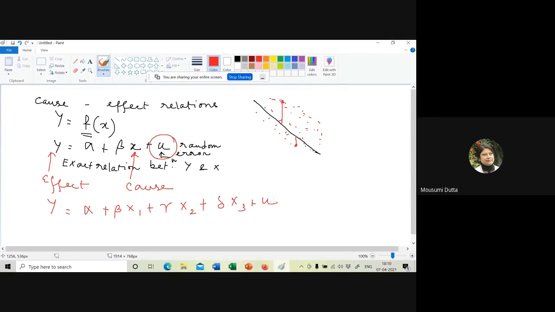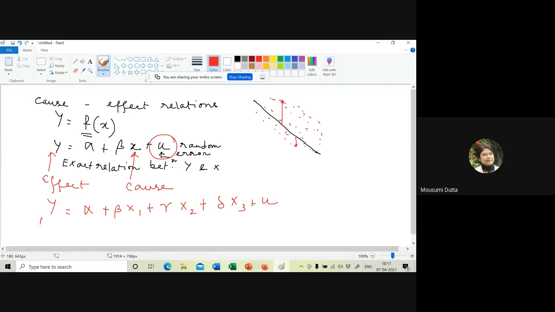If y is demand, x1 may be price of the commodity, x2 may be price of the substitutes, x3 may be income of the consumer, and you can increase the number of variables here. Okay. So in case of regression, we will have one dependent variable or study variable.